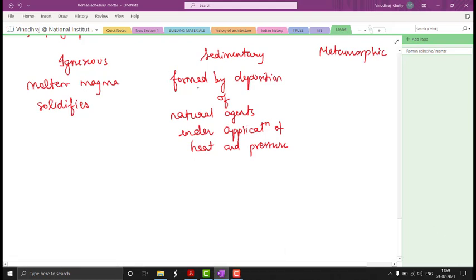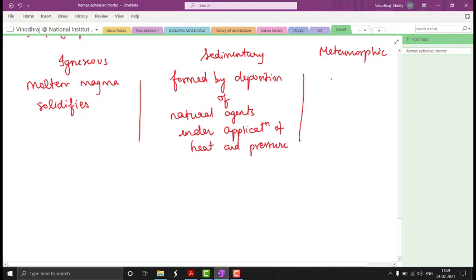So sedimentary stones are formed by deposition of natural agents and application of heat and pressure. So when wind, water, all those natural agents carry the sedimentary particles and deposit them in an area where there is an application of heat and pressure, there is a formation of sedimentary stones.